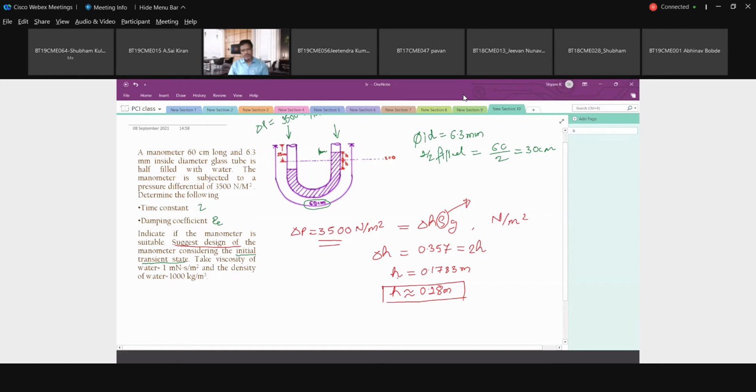To avoid this type of situation of overflow, if it is spilling out, either you increase the length or change the liquid. ठीक है? Are you getting my point? Is this okay? Please respond.